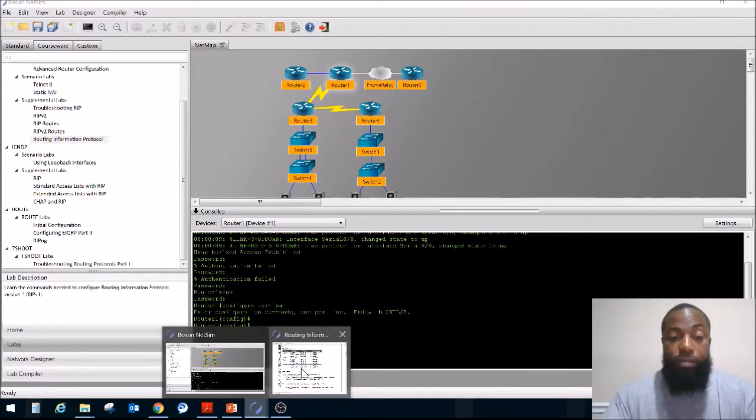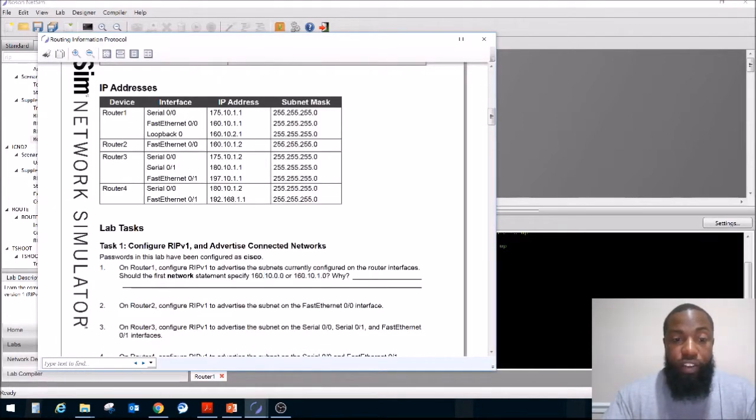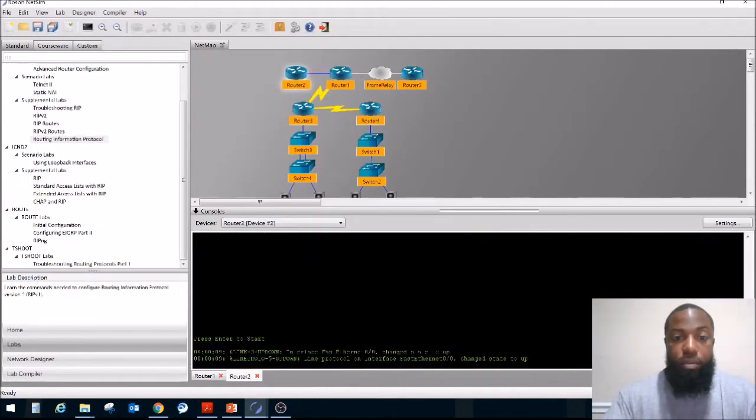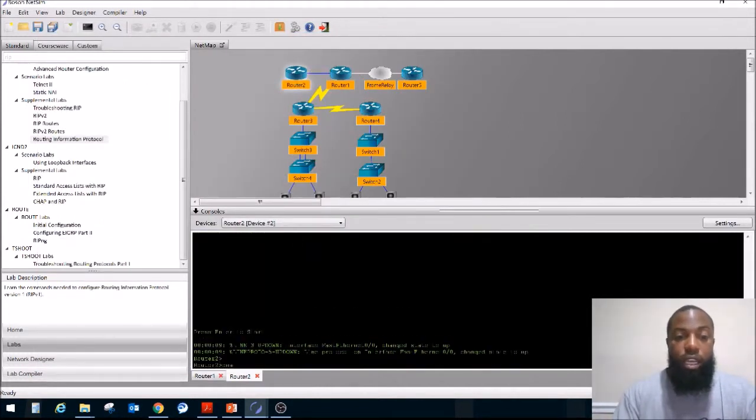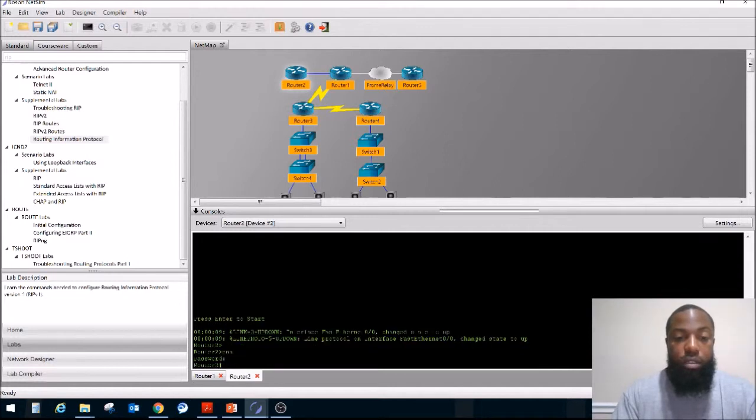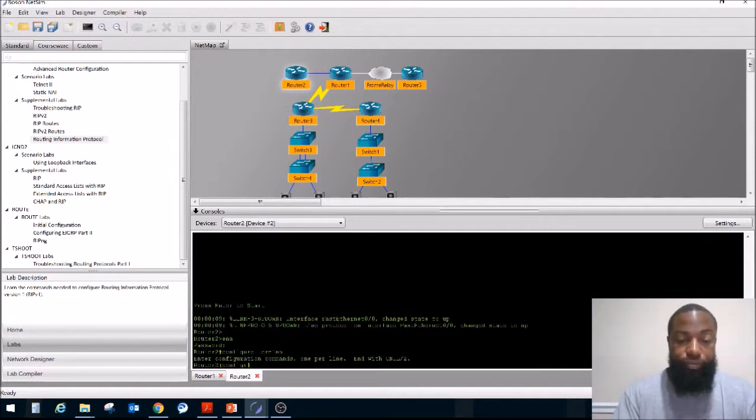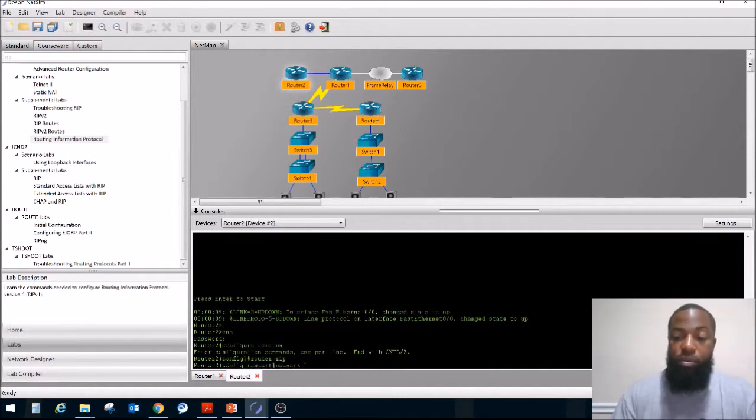Let's move along. On router 2, configure RIP to advertise a subnet on the FastEthernet 0/0 interface. So on router 2, we need to specify this network. We'll do the same thing: enable, global config mode, router RIP, network, I believe 160.10.0.0.